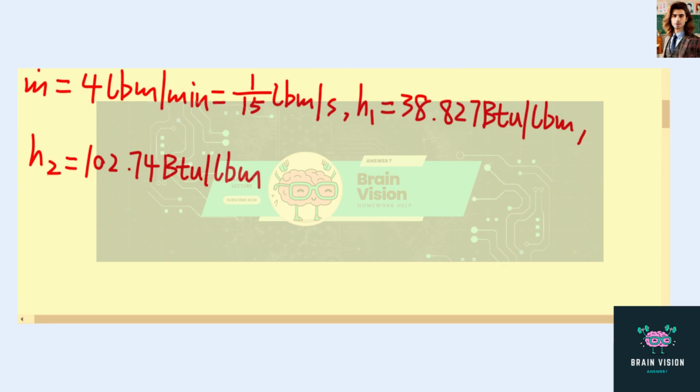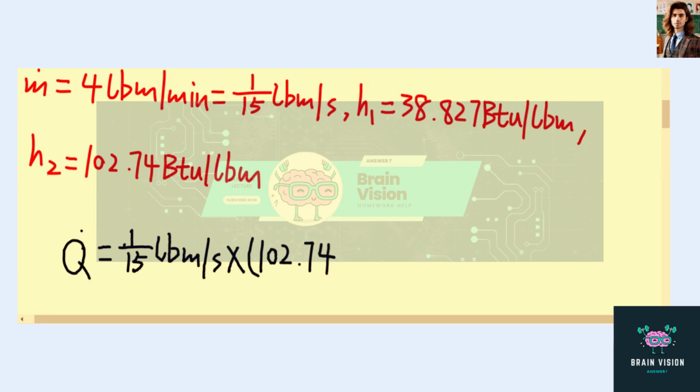Now let's plug into the equation to determine the rate of heat transfer in the refrigerant, which is equal to 1/15 pound mass per second times 102.74 British thermal units per pound mass minus 38.827 British thermal units per pound mass.